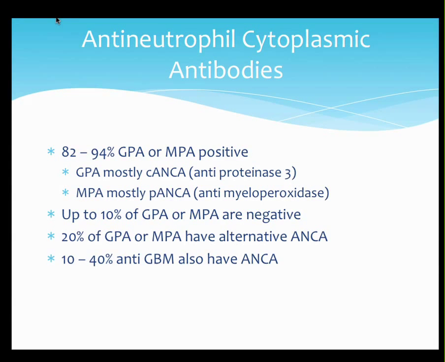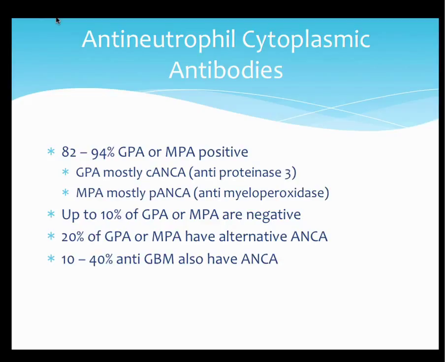What are the diagnostic relationships between these anti-cytoplasmic antibodies? Well, 82 to 94% of patients with either granulomatosis with polyangiitis or microscopic polyangiitis have anti-neutrophil cytoplasmic antibodies.